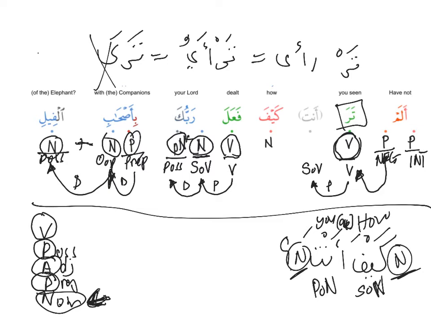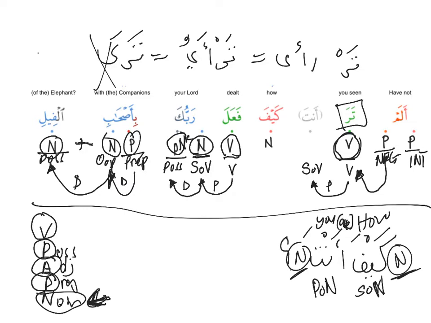But I checked the books, and they do not say that the kaifa in this surah is of a nominal structure. They give other grammatical functions which are not easy to explain for intermediate students. It's easy to explain for advanced students. So I'm just going to give my own grammatical function here.